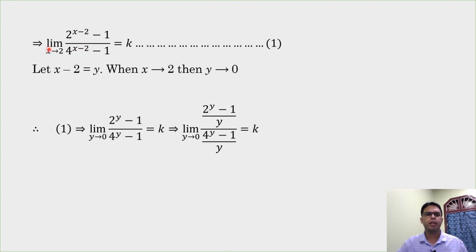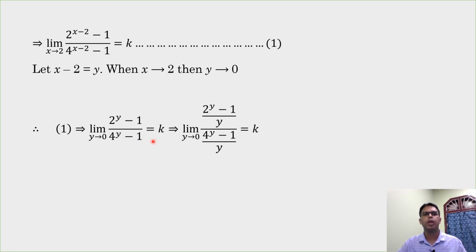So equation 1 implies limit y tends to 0 of (2 to the power y minus 1) divided by (4 to the power y minus 1), and the right hand side is already k. To get the formula of the limit that I gave on the previous screen, 2 to the power y minus 1 divided by y is needed, and similarly 4 to the power y minus 1 divided by y is needed.